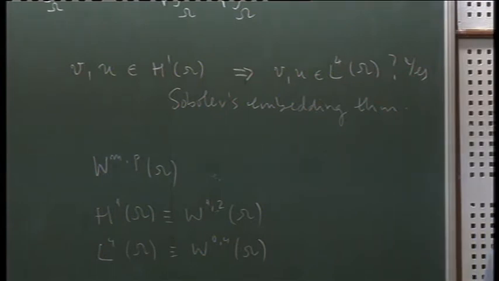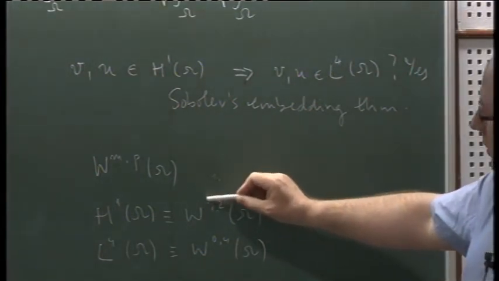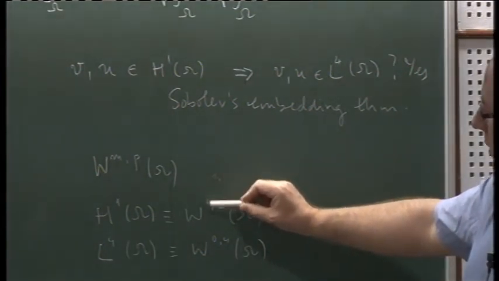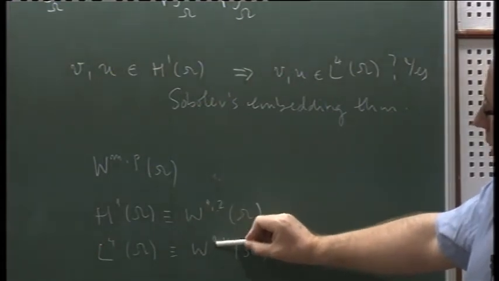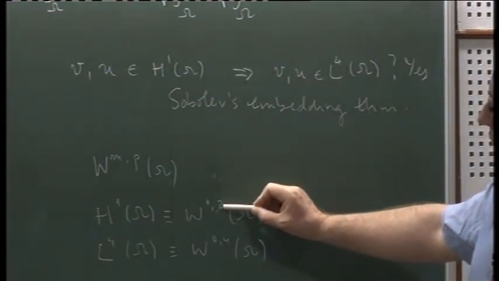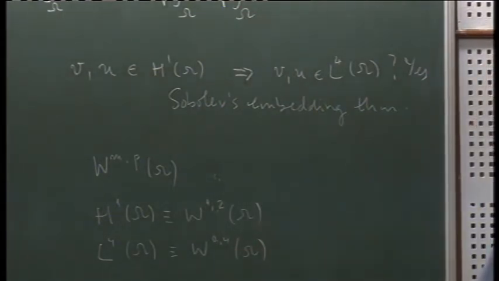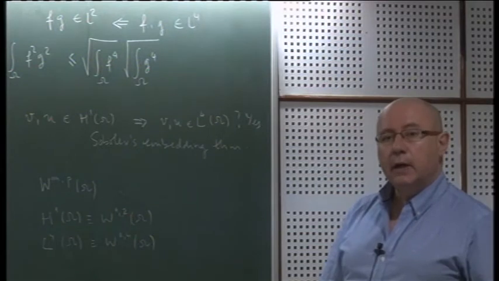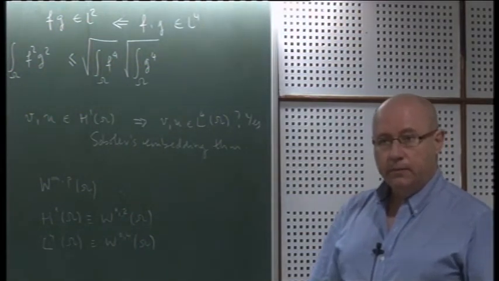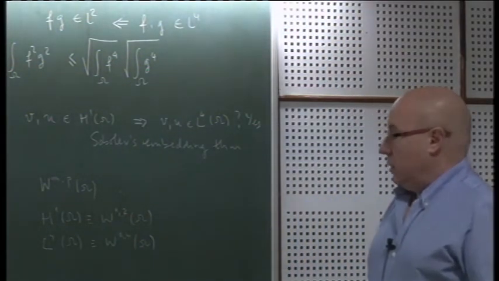This space has more derivatives than that one: here it is 1 and here it is 0. But here they belong only to L2, and there they have to belong to L4. So how do these spaces compare? You understand the problem? It's not a trivial problem.